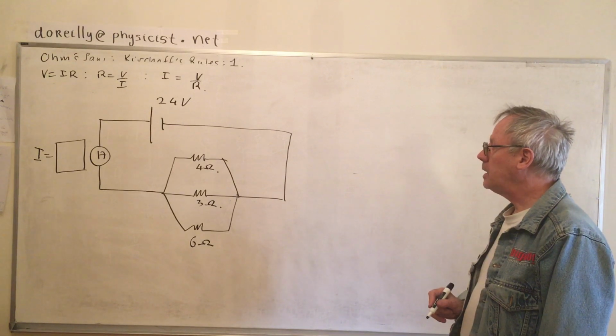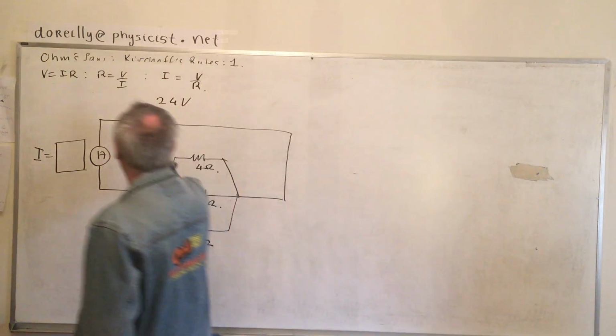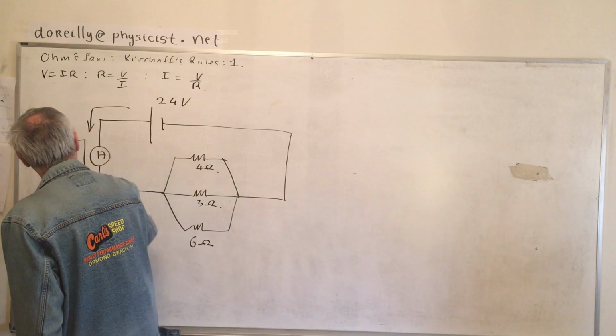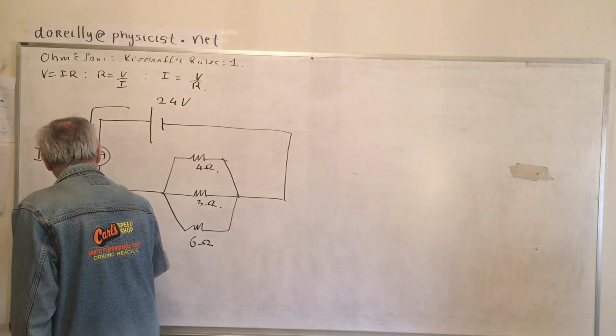We're asked to find the current in the circuit. The circuit is going to have electricity going around it through the ammeter, and back here going to have I amps.